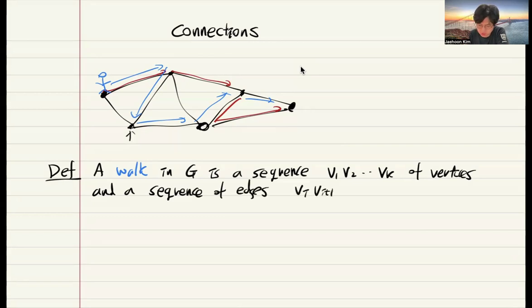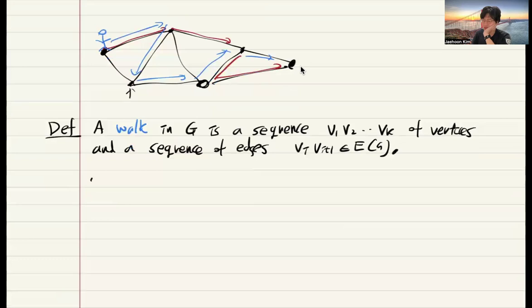So it consists of the vertices and edges. This is actually a graph, which is a subgraph of the original graph G. And this is what we call a walk.